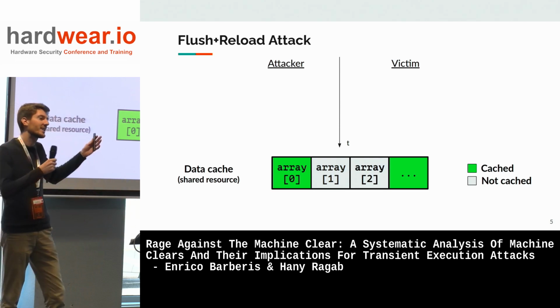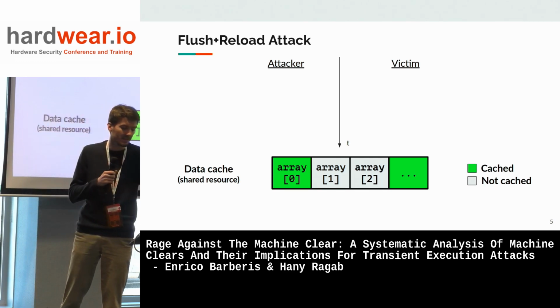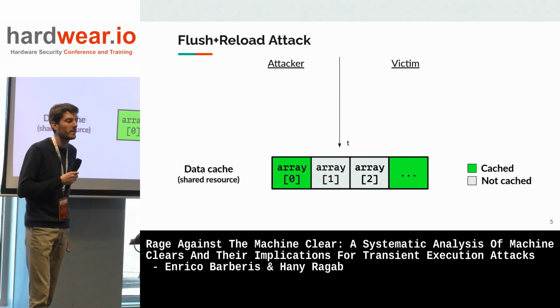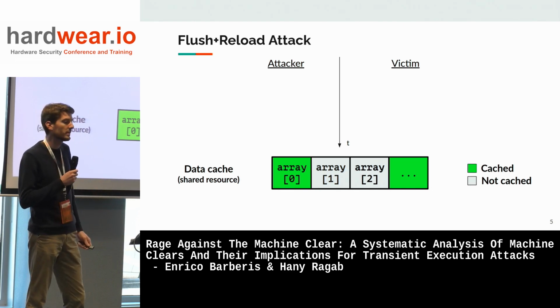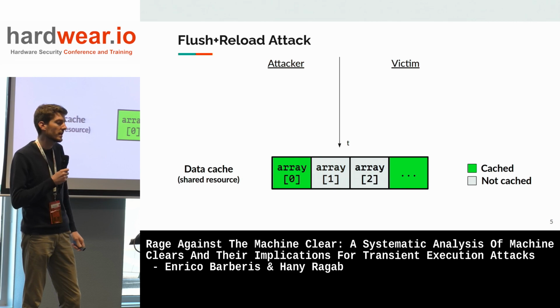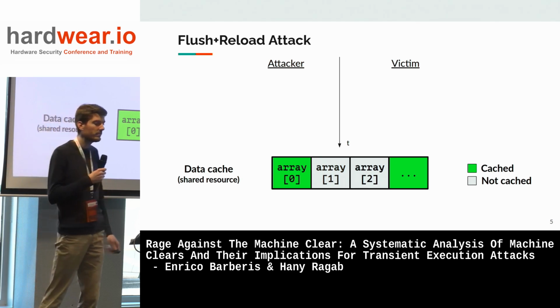Switch from a thermal side channel to a timing side channel. The most common one is Flush+Reload. Let's quickly explain it. We have an attacker and a victim, let's say 2 different processes, that share a common resource, the data cache in this case.